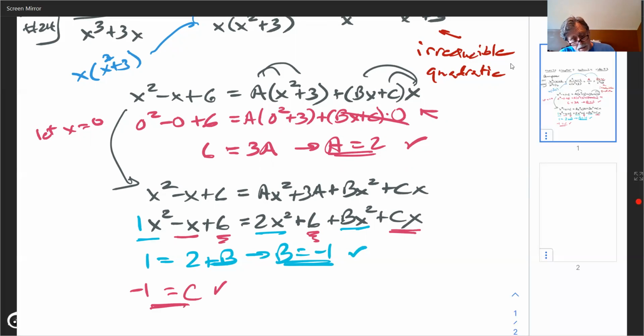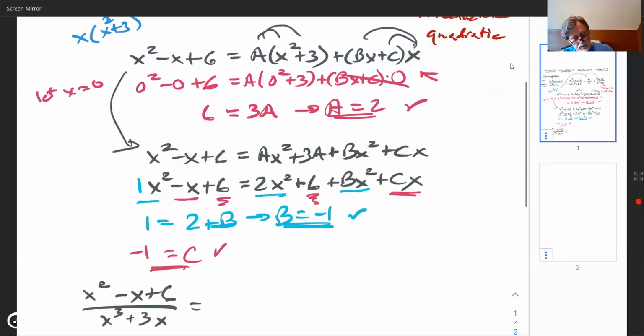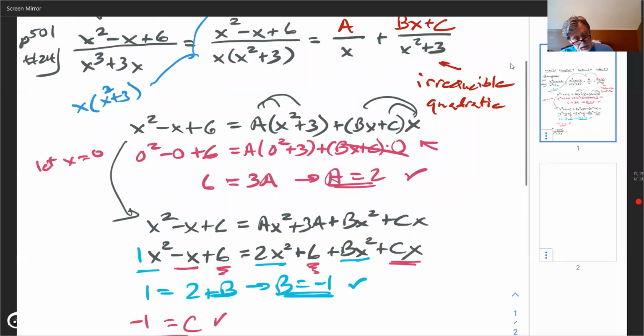So guess what? Now you can write your breakout thing. What we've got is x squared minus x plus 6 all over x cubed plus 3x is equal to a, which is 2.